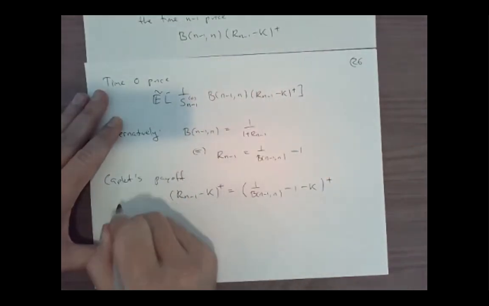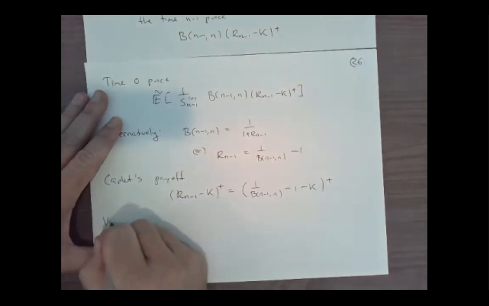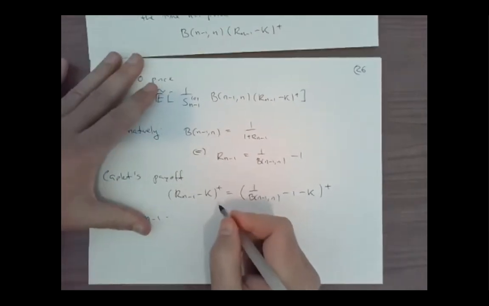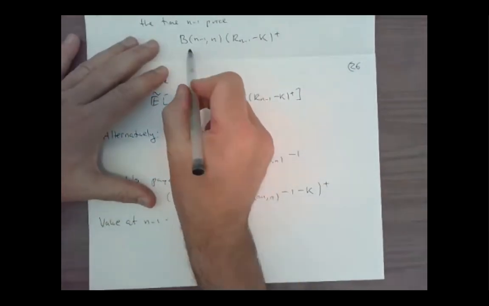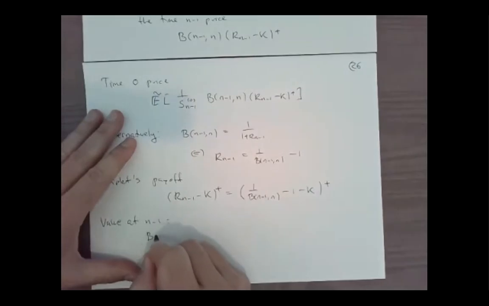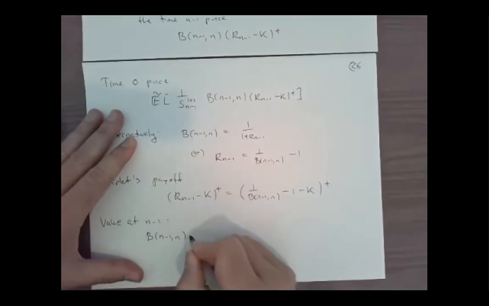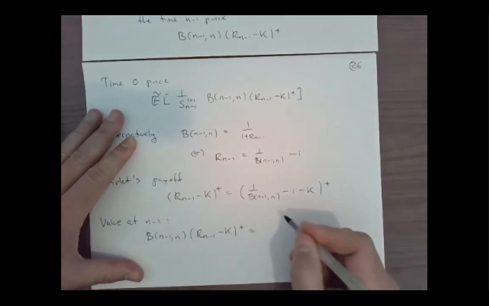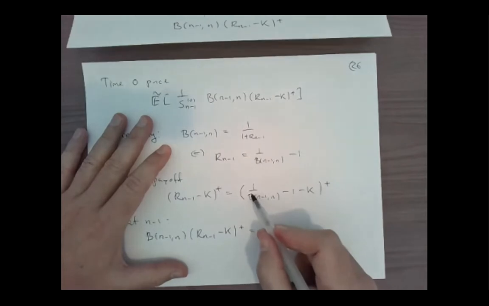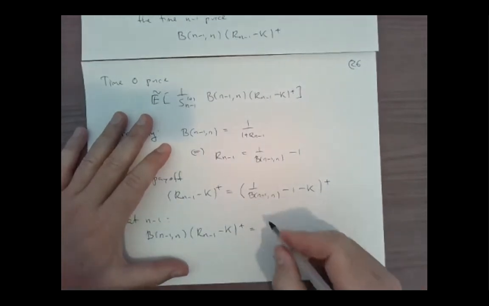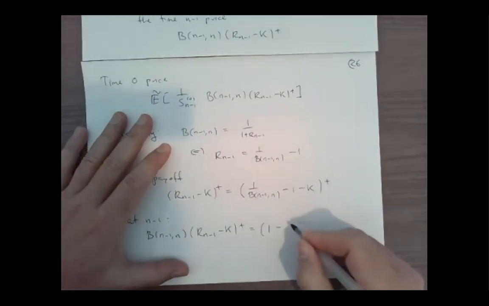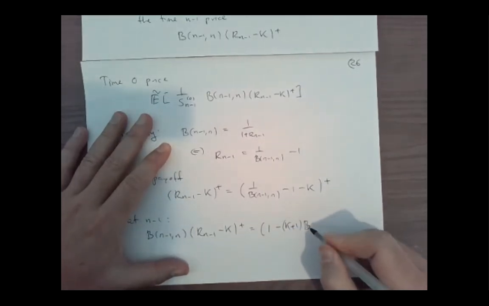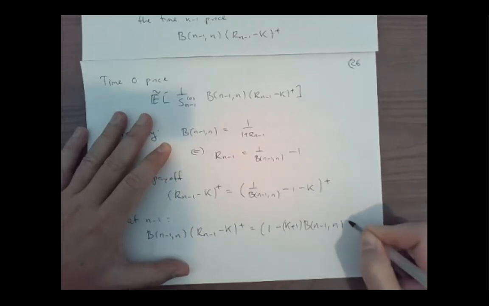So the value at n minus 1 is going to be, you have to multiply onto that zero coupon bond, b n minus 1 n, times r n minus 1 minus k positive part. If you multiply this through, it will cancel out this one here, you'll have 1 minus k plus 1 times b n minus 1 n, positive part.